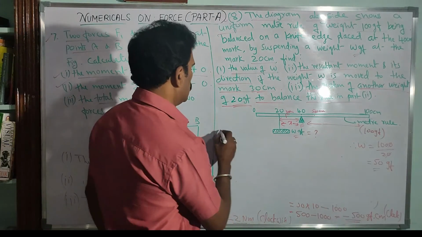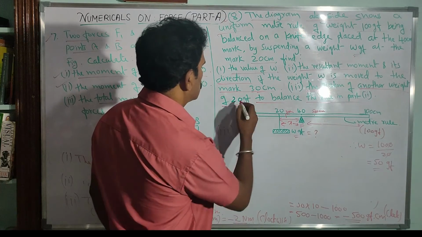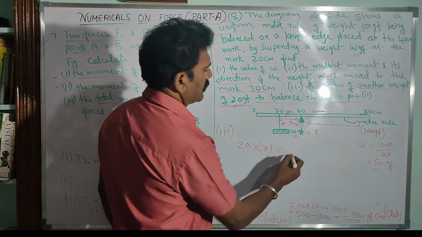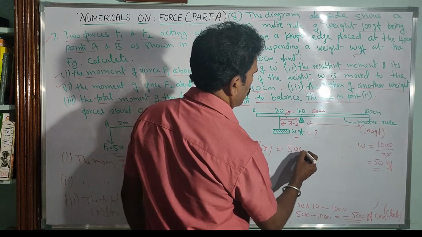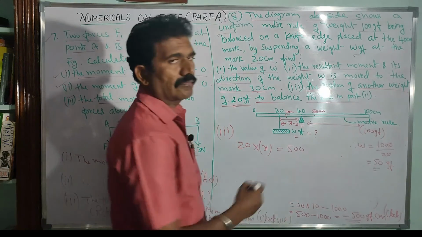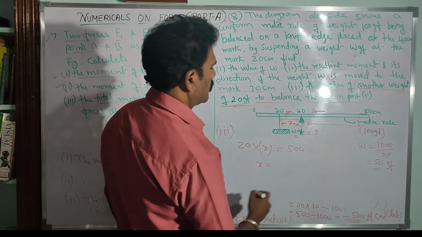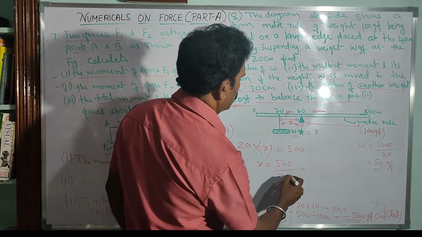Therefore in the third part you consider the product of the force, that is 20, into the unknown distance X, which should be equal to the resultant moment, that is 500 GF. Clear? So X is equal to how much? That is 500 divided by 20.